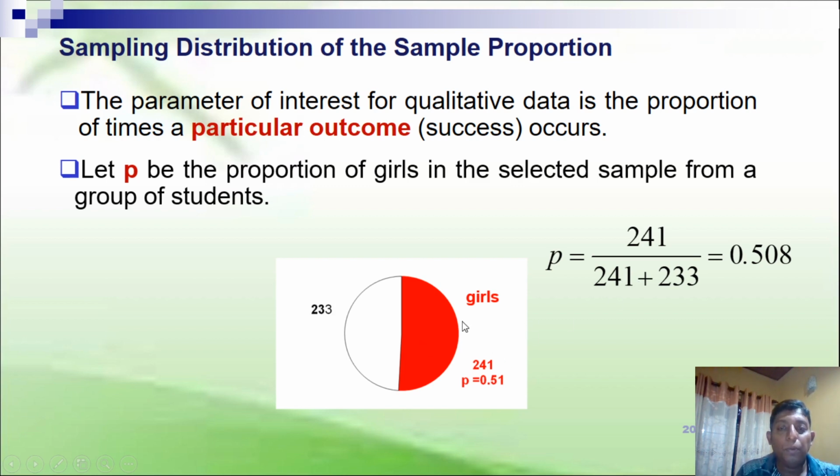To get the proportion of girls in that population, just divide the number of girls in the population, 241, by the total number of observations in the population. Just add these two, 241 plus 233. The answer equals 0.508. Approximately this equals 0.51.